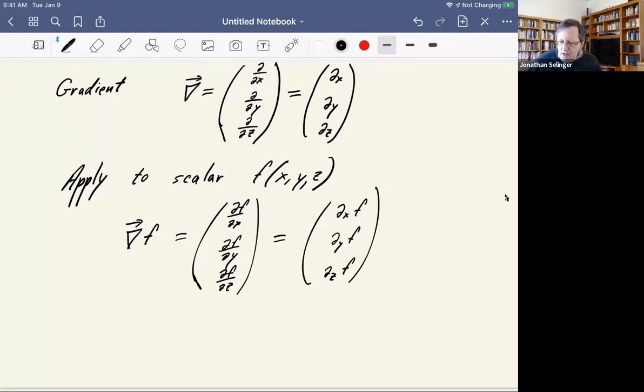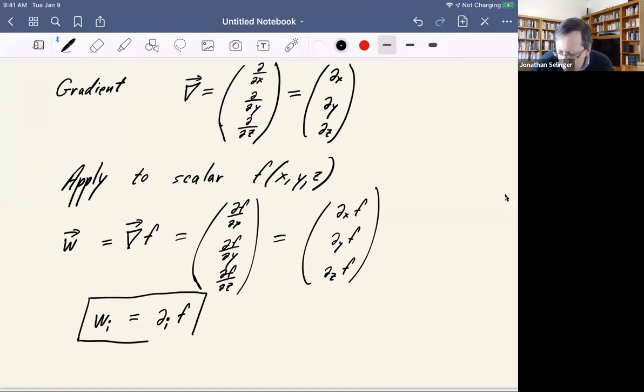Now we can make things even more compact by using our tensor component notation, right? We could say if there is some vector, if we want this to be a vector W, then W sub i is the derivative with respect to coordinate i of f.